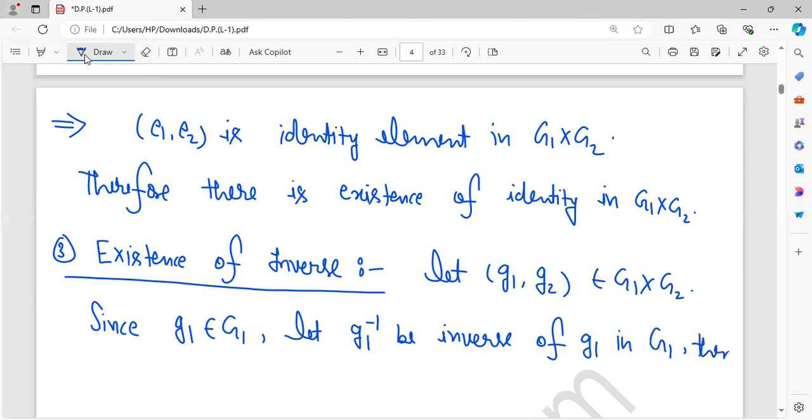Okay, then g1 inverse g1 is equal to e1.